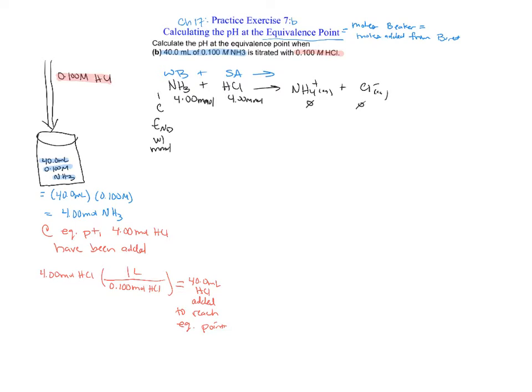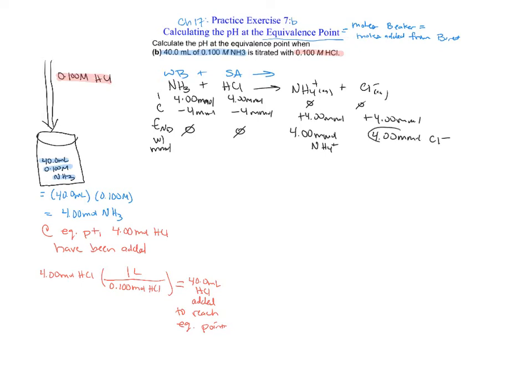The change, we're going to subtract the smallest number, which in this case is 4. And then in the end, I've used up all of my reactants, which I know is the case because I'm looking at an equivalence point, so they're always equal. And I end up with 4 millimoles of NH4+ and 4.00 millimoles of chloride.